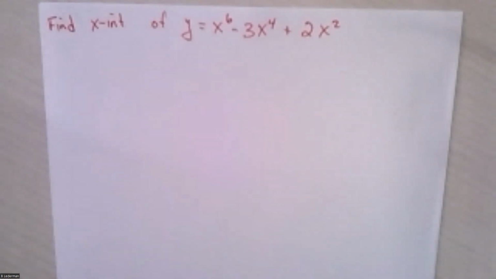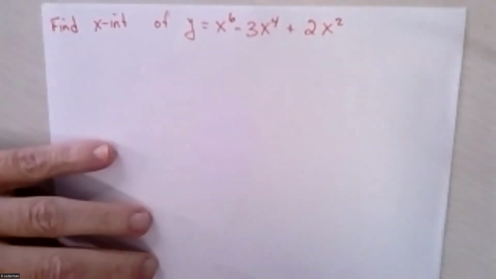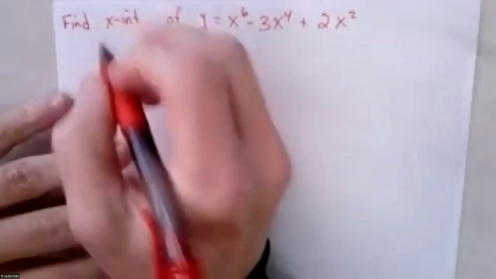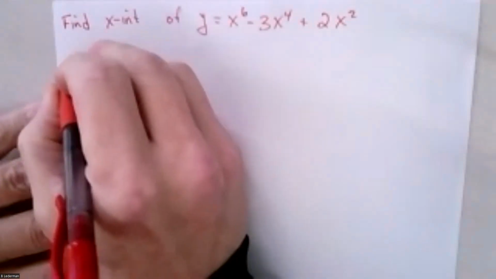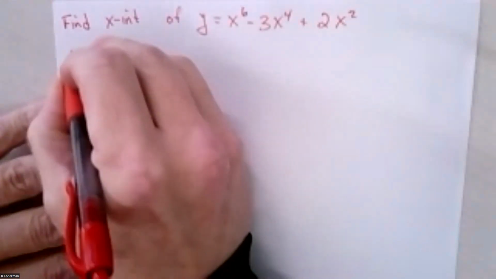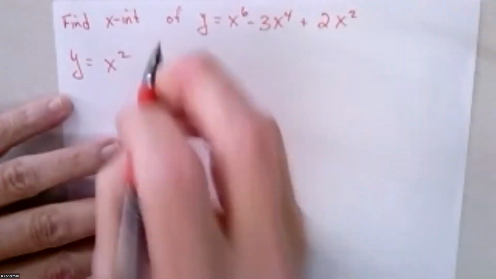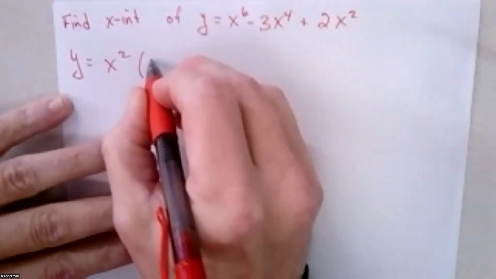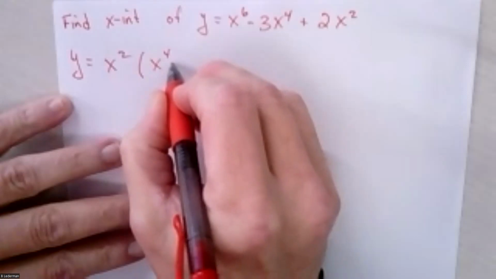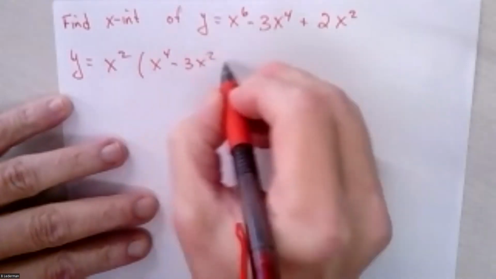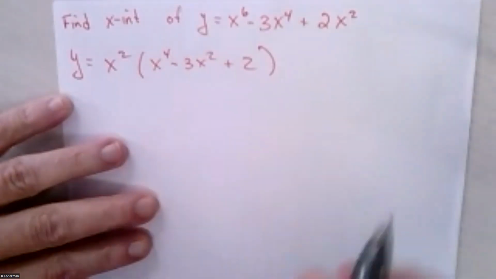So here we have y equals x to the sixth plus 3x to the fourth plus 2x squared. A very nice way to find the intercepts is just to factor the guy. So y equals x squared, since there's a common term of x squared, times x to the fourth minus 3x squared plus 2.